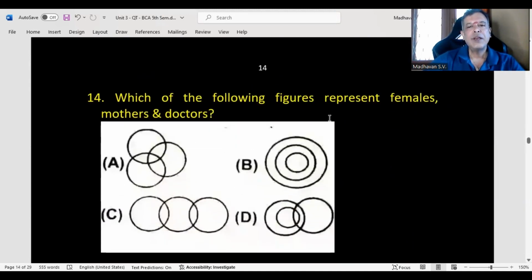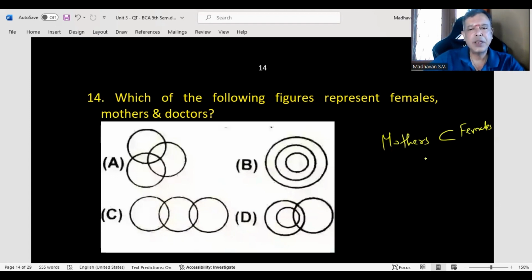Which of the following figures represent females, mothers, and doctors? See, if mothers, they have to be females. Means mothers is a subset of females. Doctors, females, mothers, both can be doctors.